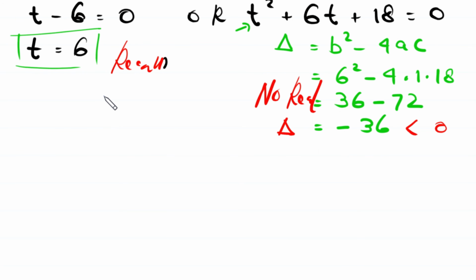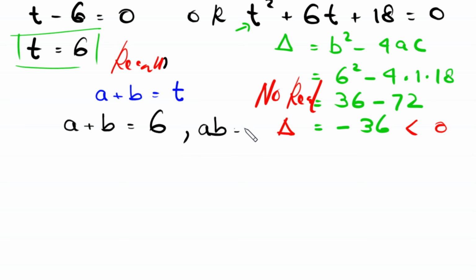Since t is equal to 6, this equation will become a plus b equal to 6. And we have another equation, a times b equal to 6. If we move this a to the right hand side, this implies that b is equal to 6 minus a.